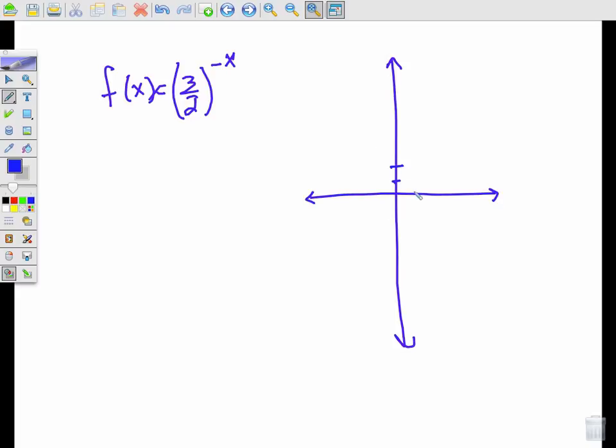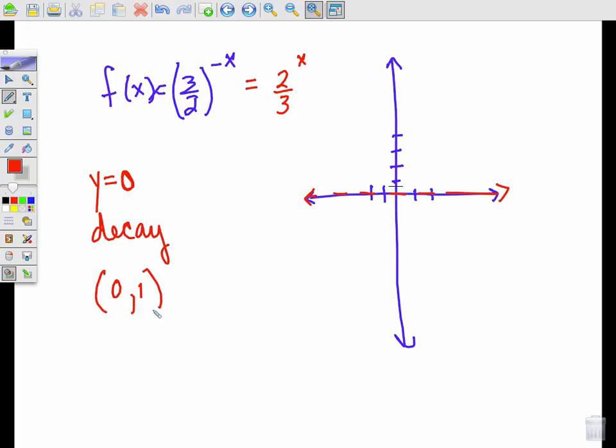We've got our horizontal asymptote, y = 0. Since this function is the same as doing (2/3)^x, then I know that it's decay because 2/3 is smaller than 1, and the intercept would be (0, 1).